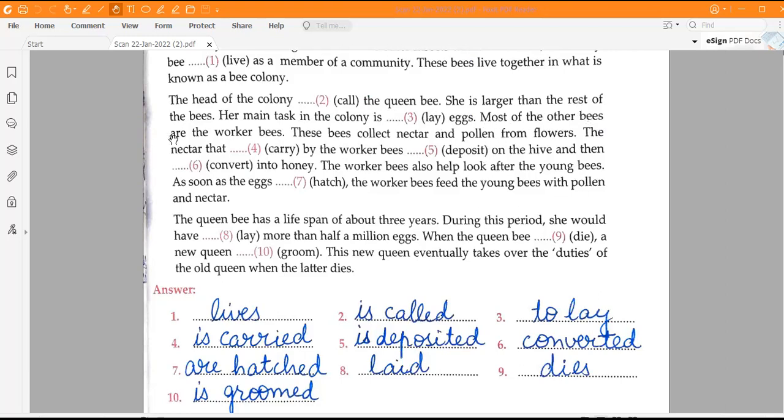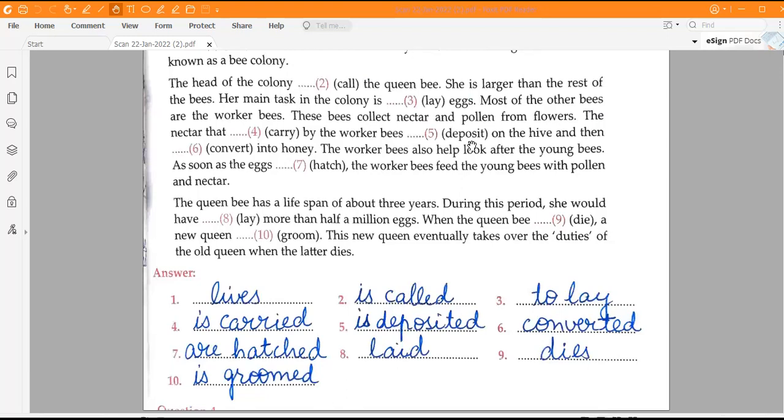Most of the other bees are the worker bees. These bees collect nectar and pollen from flowers. The nectar that is carried, the answer to the fourth blank is carried by the worker bees is deposited. The answer to the fifth blank is deposited on the hive and then converted.